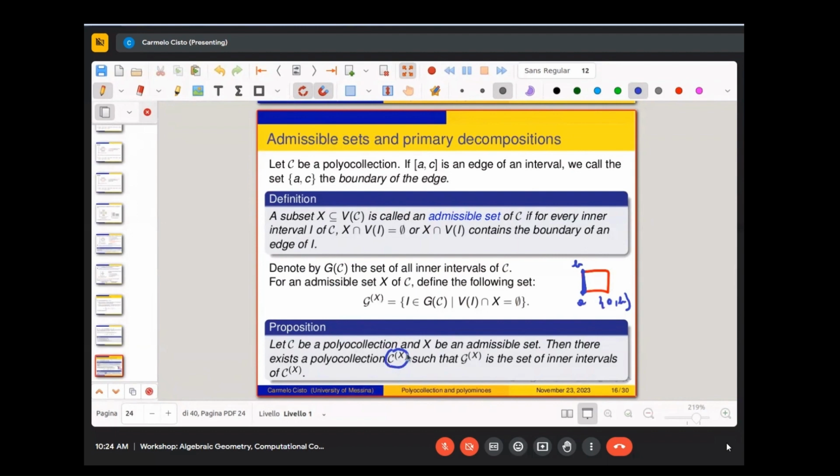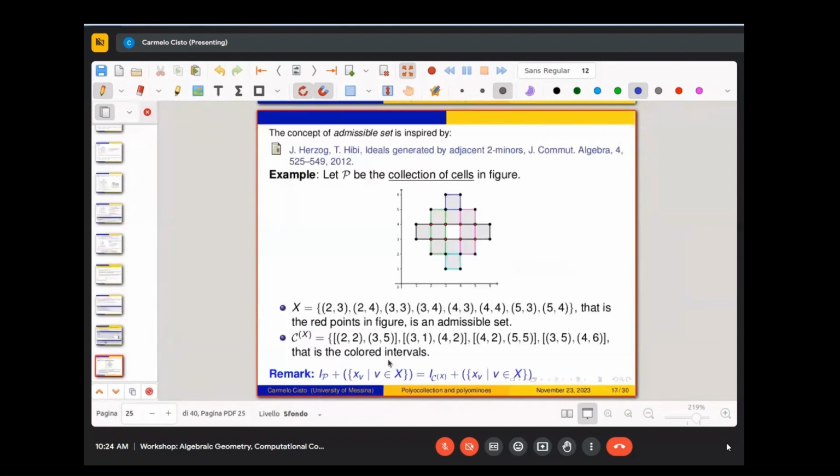So, summary, what is important is that I have this definition of admissible set. I am able to associate another polyomino collection that I call CX. I provide here an example for this collection of cells. For this collection of cells, the set of red points is an example of admissible set.